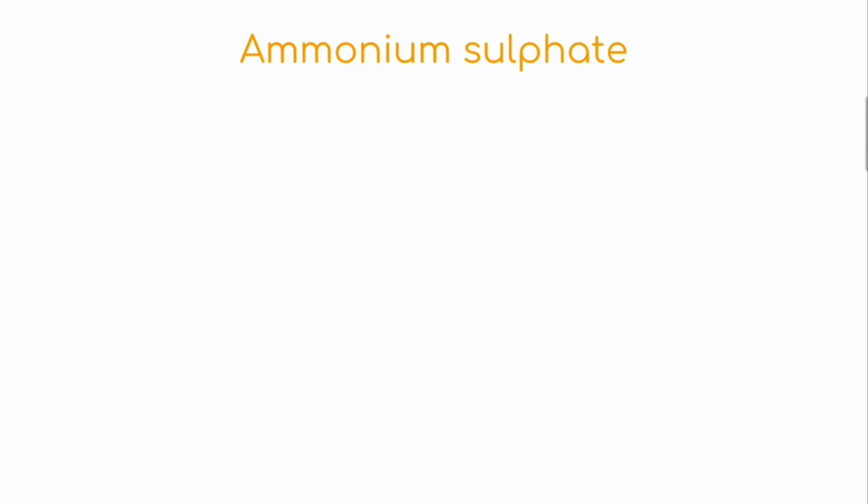Next formula is ammonium sulphate. This is more trickier than the last one, considering the fact that ammonium is a mixture of nitrogen and hydrogen, and sulphate. It's also a little tricky, so let's get into it.